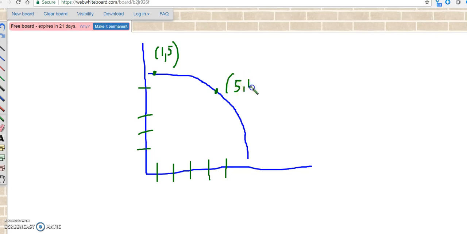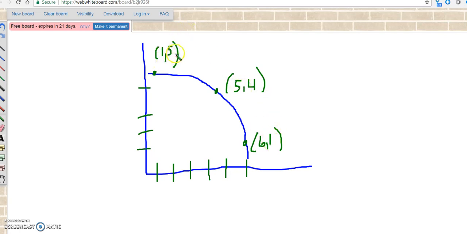If I go to this dot right here, I'm on a 1, 2, 3, 4, 5. This would be about a 6, 1. So what's happening is my y is the second number.